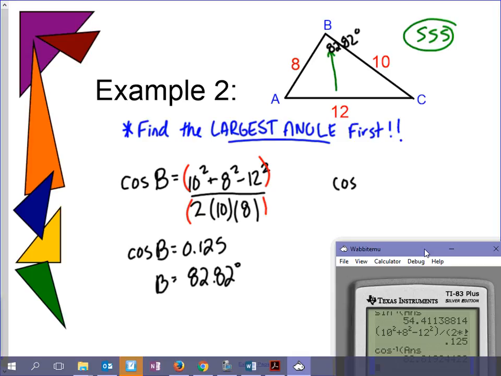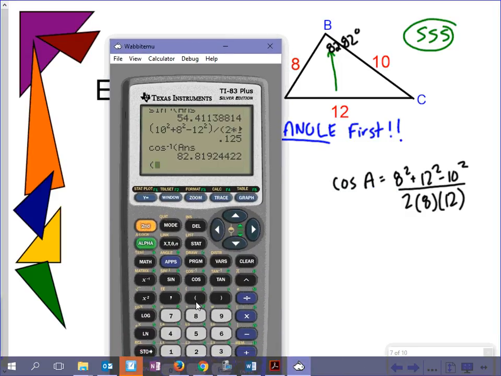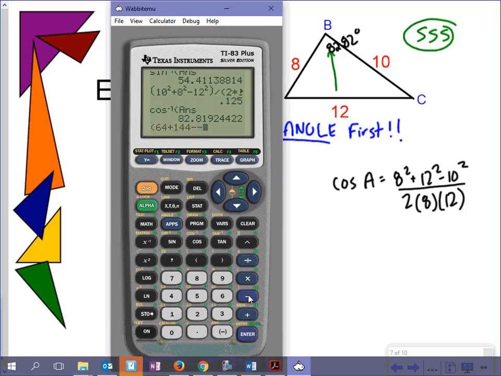So I'm then going to find cosine of A. So I'll do 8 squared plus 10 squared minus 12 squared... plus 144 minus 100, all over 2 times 8 times 12, divided by, what is that, 16 times 12?